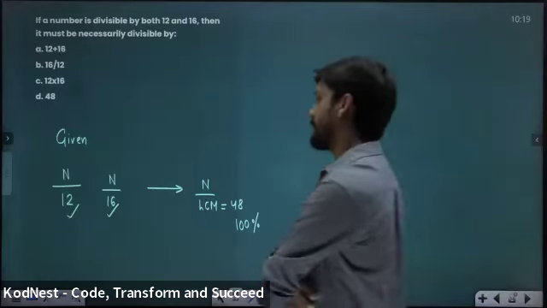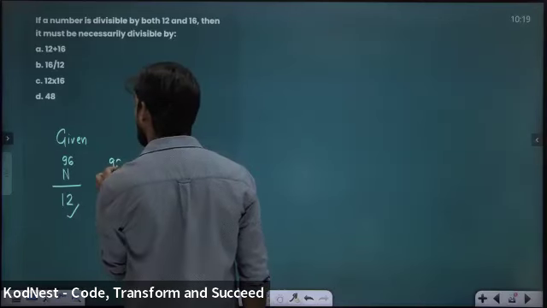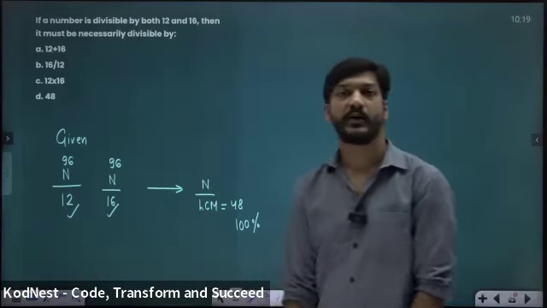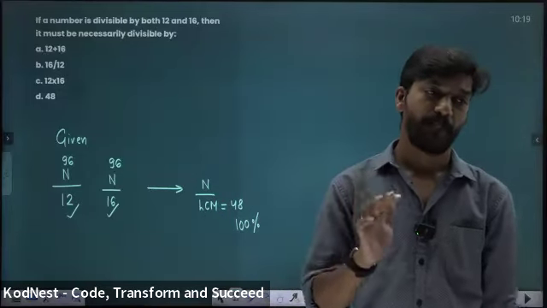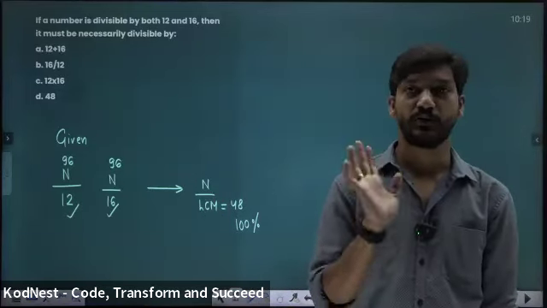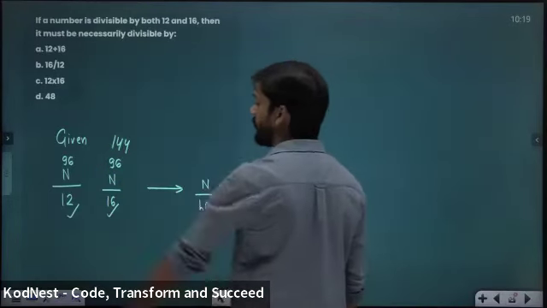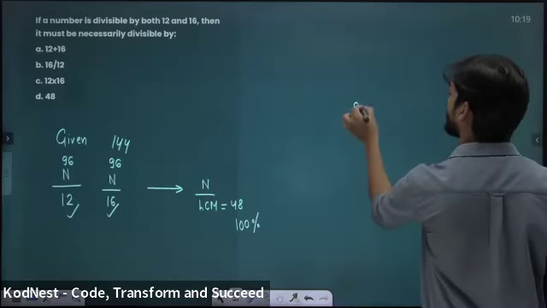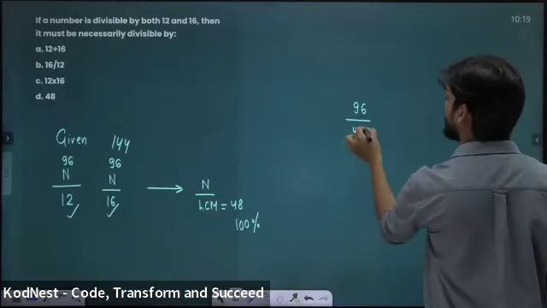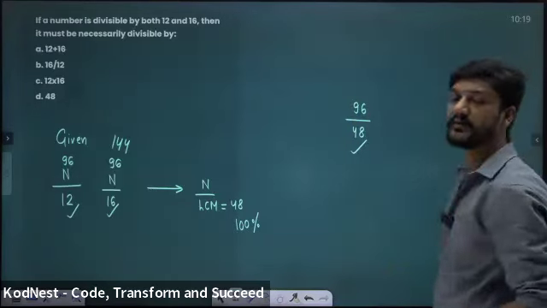Okay, 96. So 96 is divisible by 12, divisible by 16, yes or not? Is it the right number we have taken? Okay, 144 also. Now you might ask, sir, 96 is divisible by 48, okay, 100% guaranteed, yes, correct.